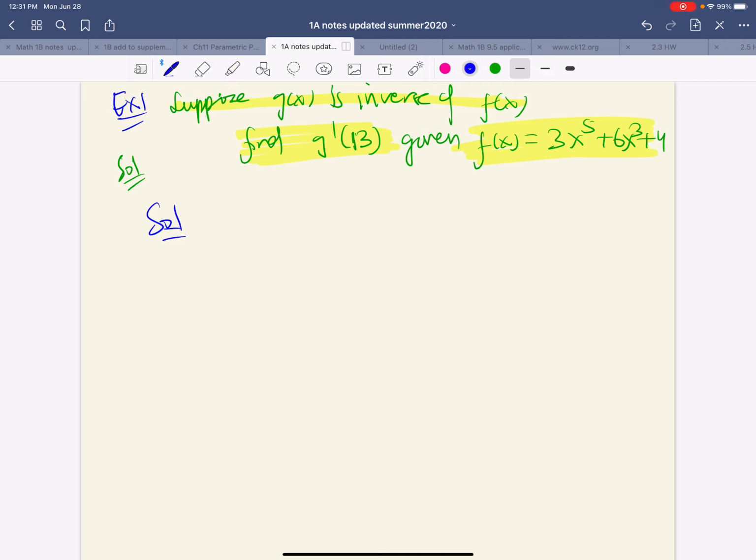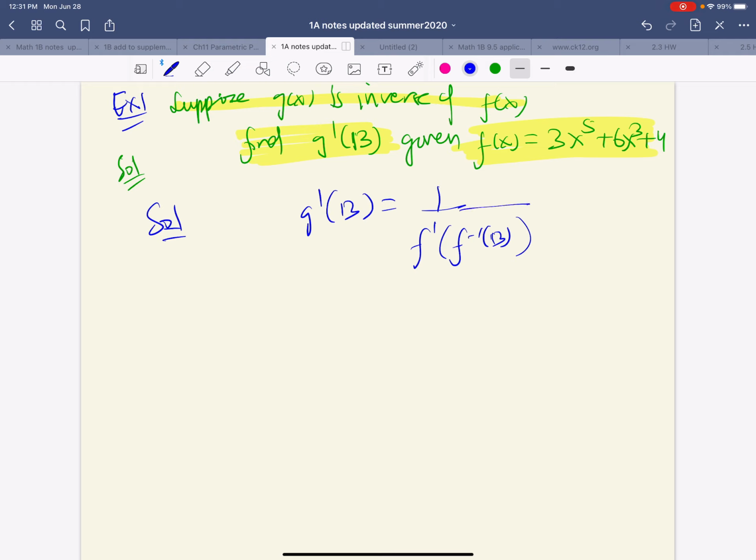To find g prime of 13, it's 1 over f prime of whatever value corresponds to 13 on the f function, right? So that would be f inverse of 13.